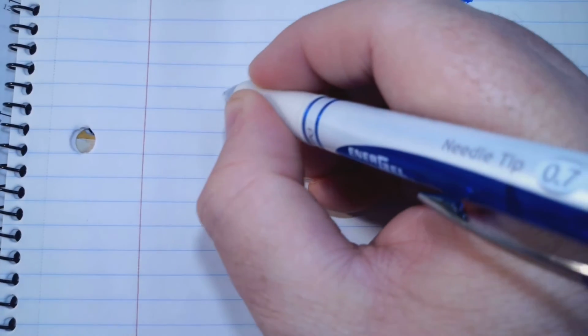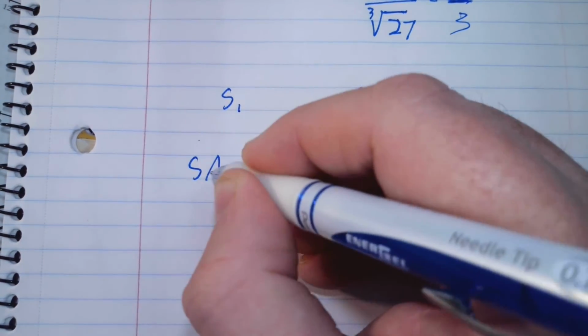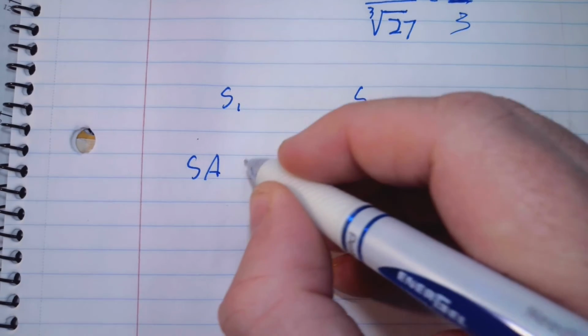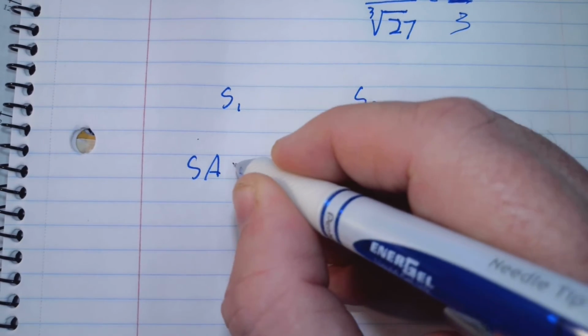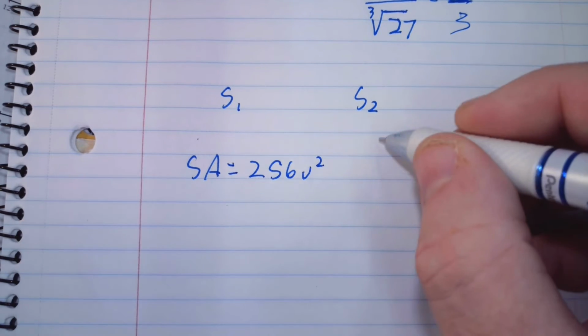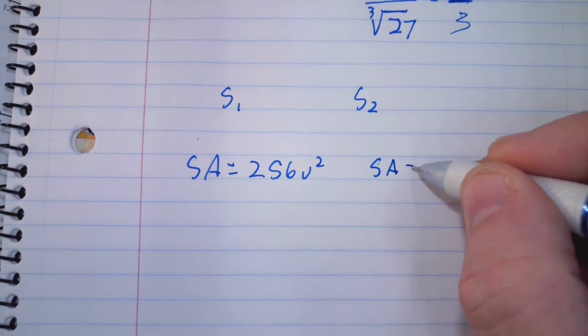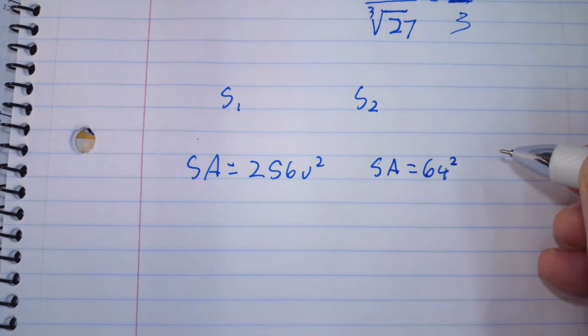Okay, let's go ahead and say I got shape 1 and shape 2. The surface area of this one is 256 units squared, and the surface area of this one is just 64 units squared. They are similar.